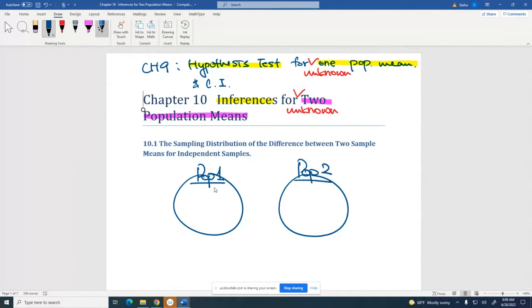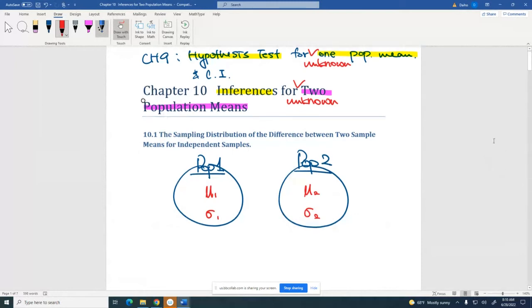As everything is in pairs, we have population mean number 1, mu1, and mu2, the population mean from population number 2. Also, we have sigma 1, population standard deviation number 1, and sigma 2, population standard deviation number 2.